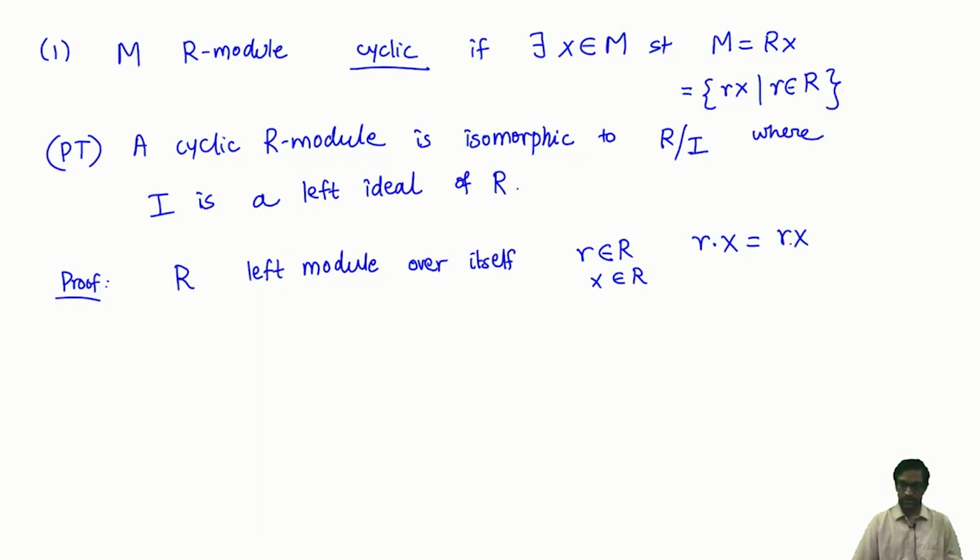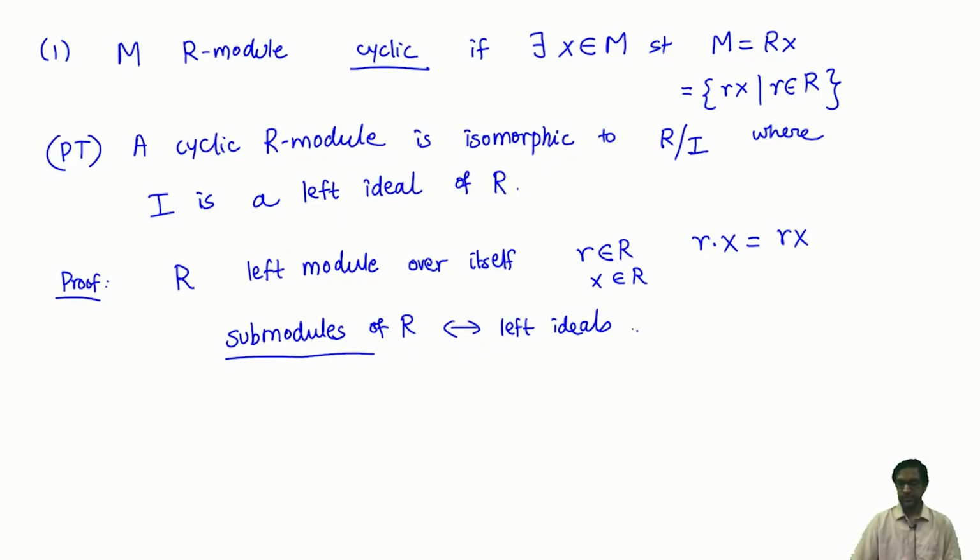So R is a left module over itself, and the submodules for this module are exactly what we call the left ideals. Left ideals are additive subgroups such that if you multiply them on the left by any element of the ring, the result still belongs to the same left ideal.